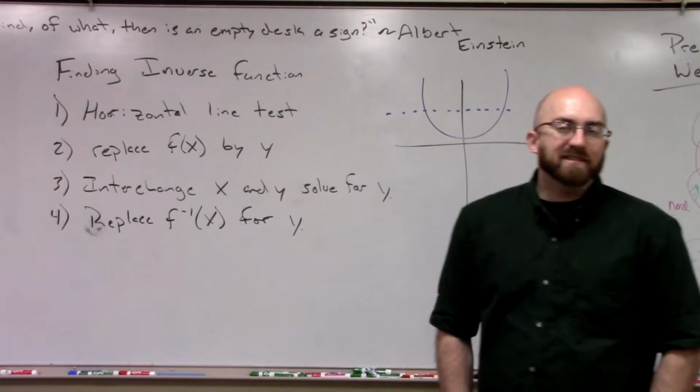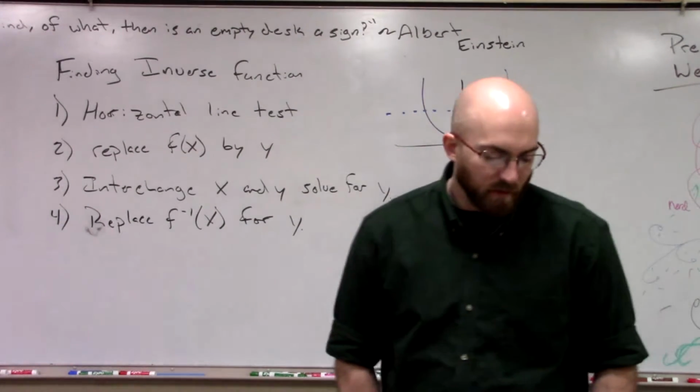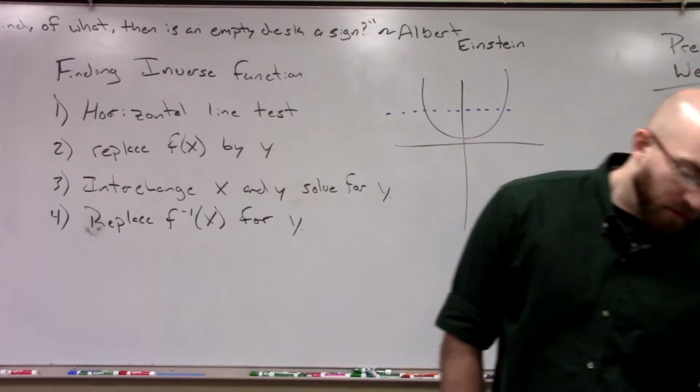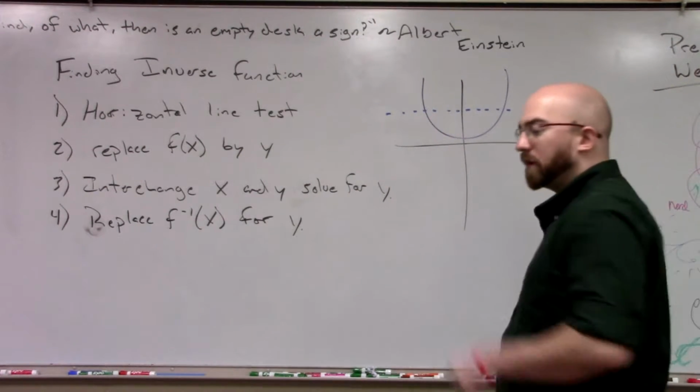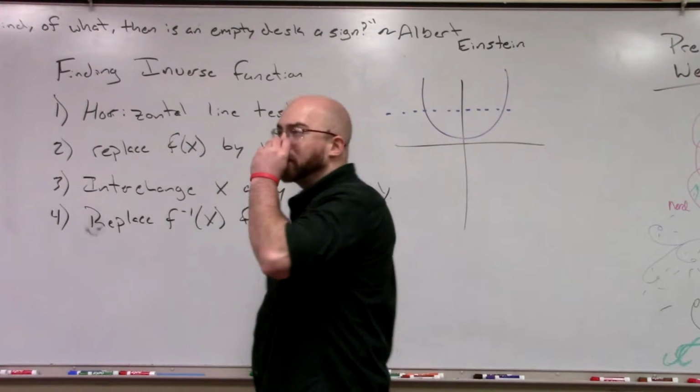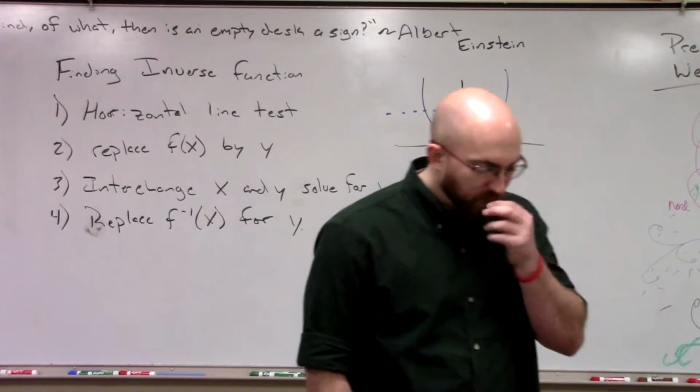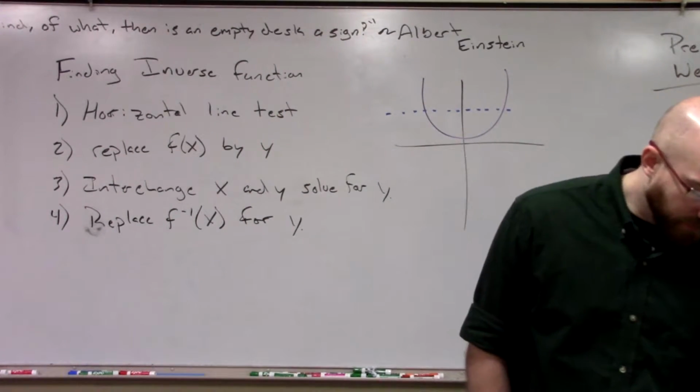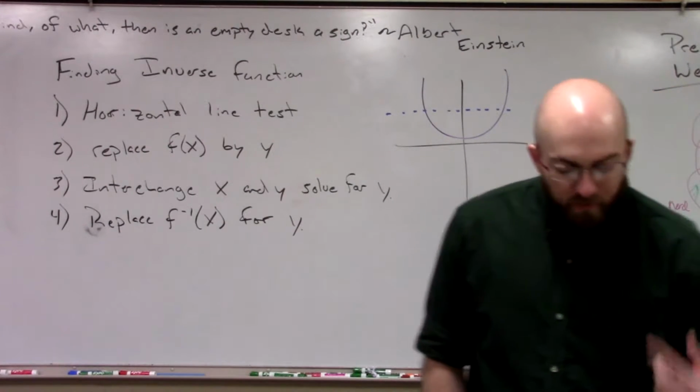So a parabola does not have an inverse function. But certain other ones will, like a square root will, because there's no horizontal line that comes through them twice. And I'll go through examples of how we find them.